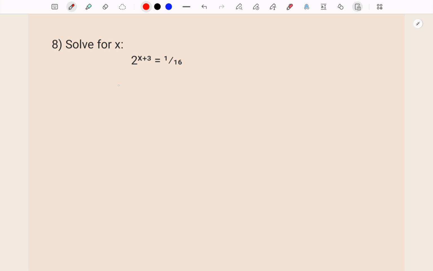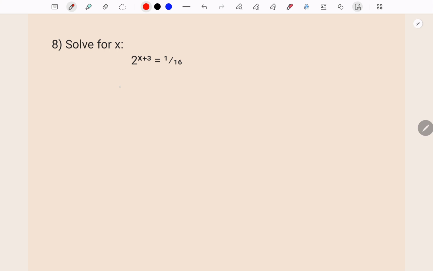We need to keep the base the same throughout the equation. In this equation, on the left hand side, we have 2 raised to the power x plus 3. So 2 is the base. Now, look at the right hand side of this equation, we have 1 over 16. So can we write the right hand side of the equation as powers of 2?